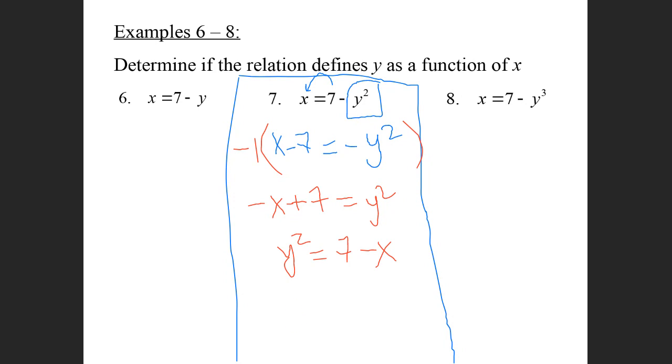Now, to solve for y, you need to take the radical, the radical of 7 minus x. But with a radical, you must add plus or minus. So 2 equations define y. If more than one equation defines y, this equation does not define a function.